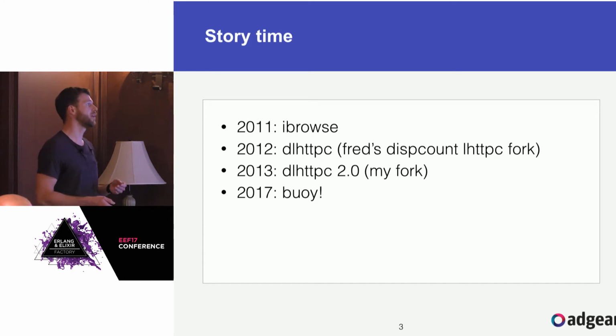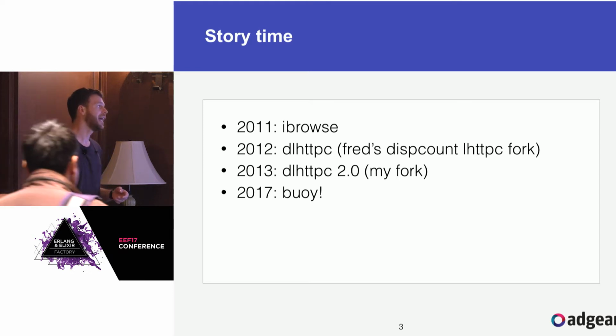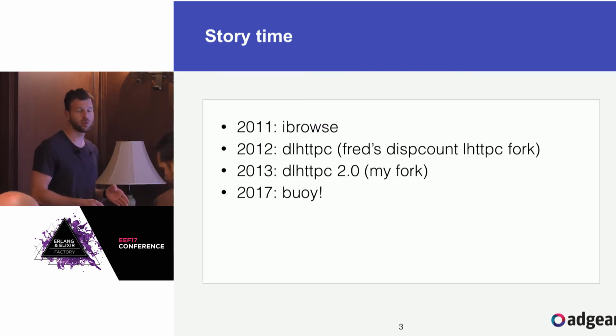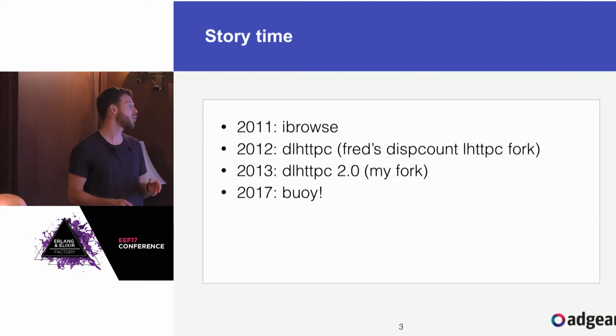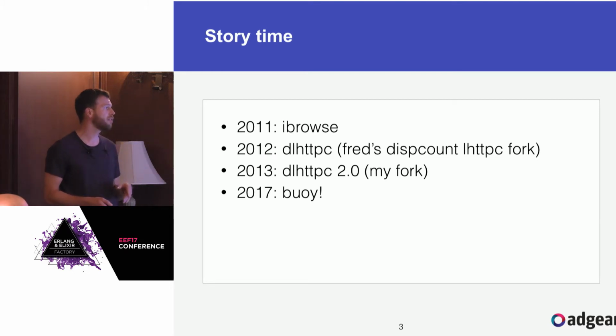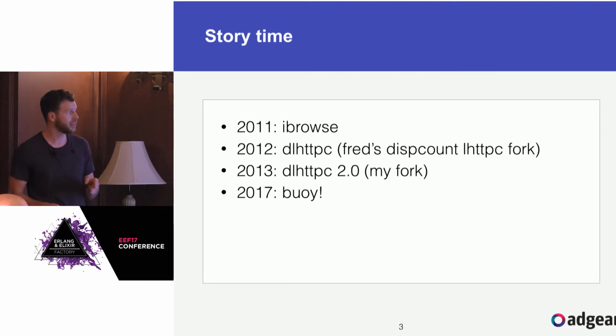And so in an effort to scale our HTTP client, we forked dihttpc and added a pool mechanism. When Fred left at the end of 2012, I took over his fork. So at this point, it was a fork of a fork of a fork.